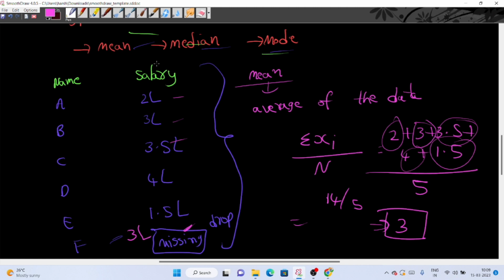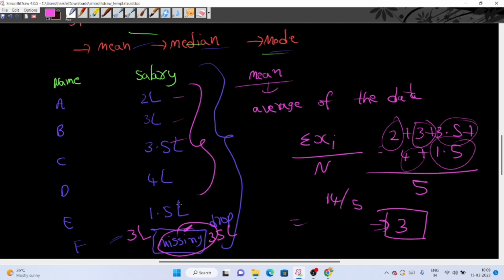So for this reason, we will use mean on a data set so that we can handle missing values, and also see here that this 3 lakh is almost similar to all these values and it is not going to be an outlier. So what is an outlier? An outlier is something which is odd from this data. For example, if I place something like 35 lakhs per annum here, it will be an outlier because it is completely different from all this data.